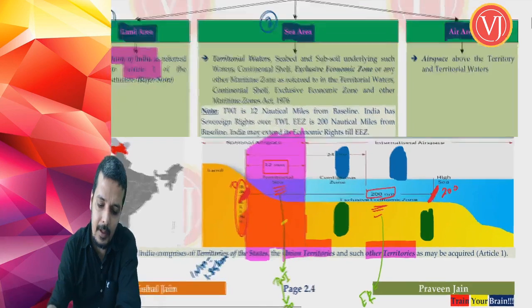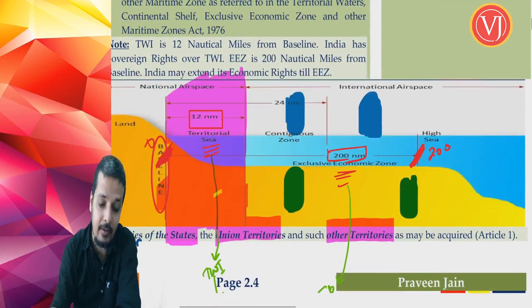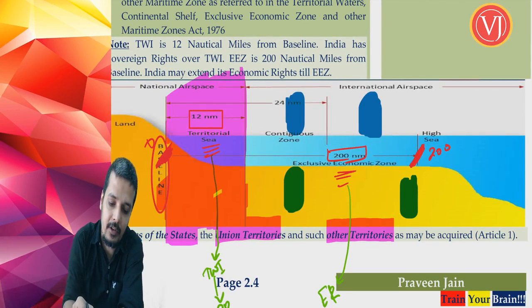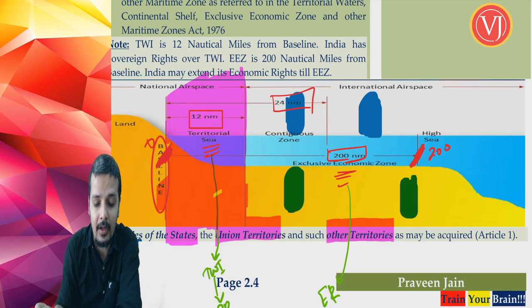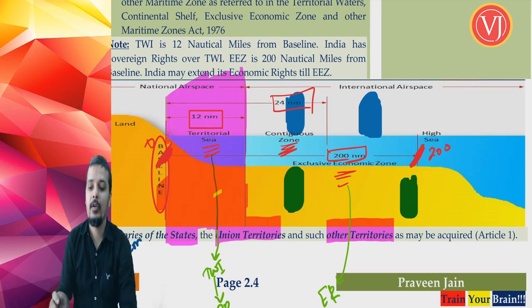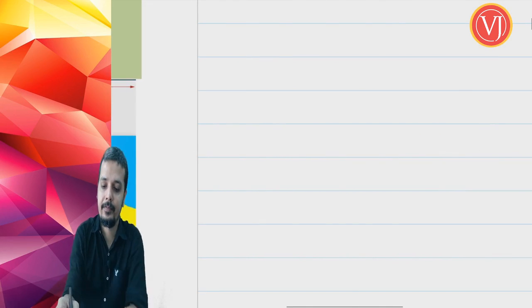Now, one may wonder, when we have seen this discussion, there was something called the contiguous zone also, which we have not discussed because now that relevance is not there. Contiguous zone means that when you are talking about 0 to 24 nautical miles, it is called the contiguous zone. So you have three understandings, right?